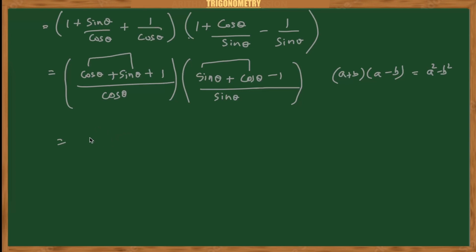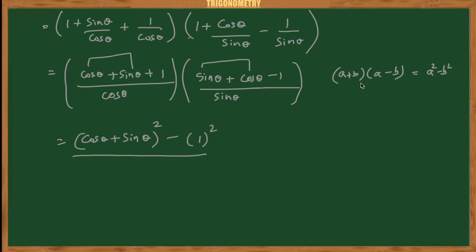What is a? It is cos theta plus sin theta, whole square. These are a, then minus sign of this. Then we need to put the b square. What is b here? b is 1. Is this clear, students?